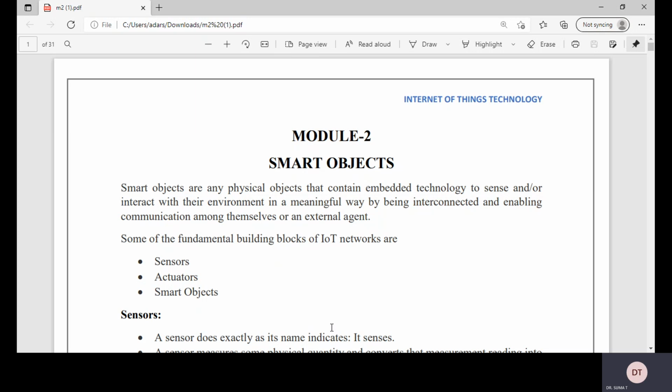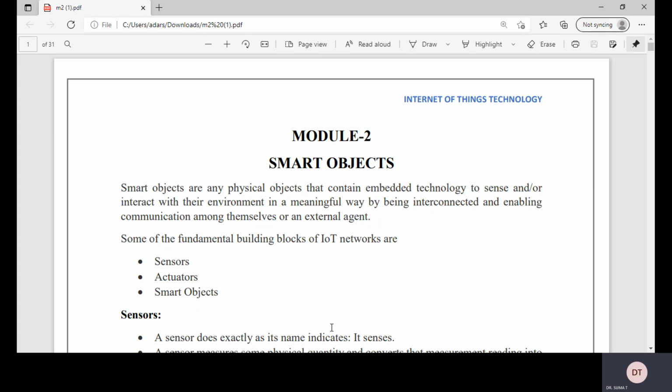Now, smart objects are physical objects that contain embedded technology to sense or interact with their environment in a meaningful way by being interconnected, enabling communication among themselves or with an external agent. Such sensors are fundamental building blocks of IoT networks.